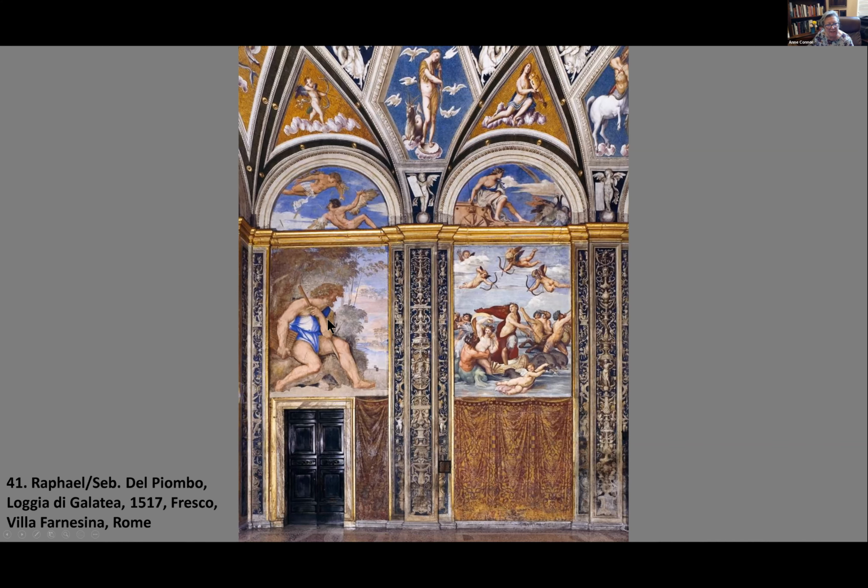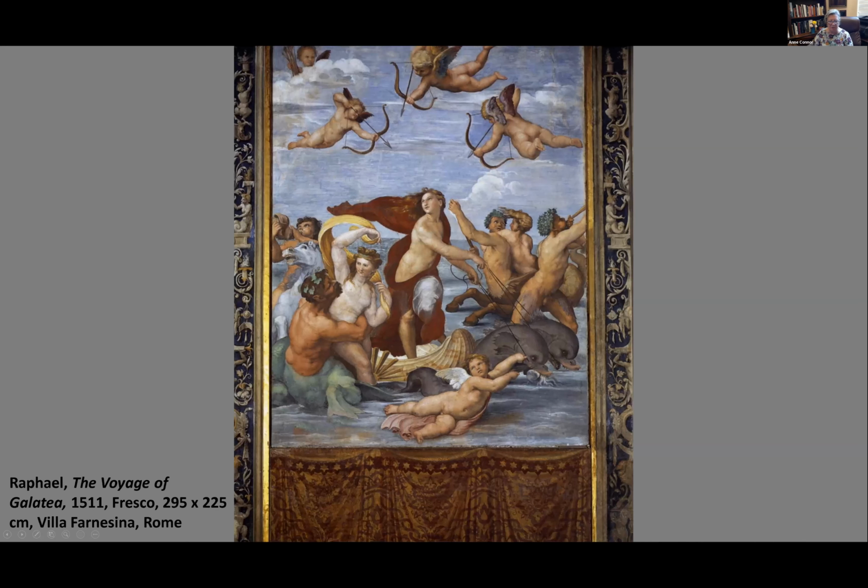So this painting is actually painted by Sebastiano del Piombo, but it is the Galatea, which was the composition by Raphael, as you can see, the voyage of Galatea. This was commissioned by Agostino Chigi, who was one of the great actors, if you want, in the cultural and artistic activities that flourished around Julius II.